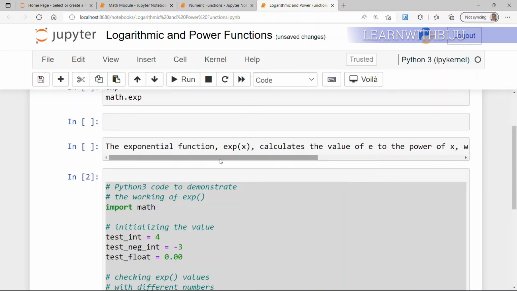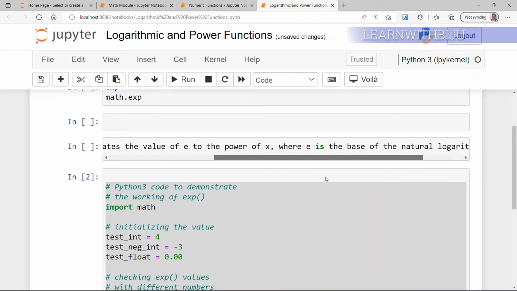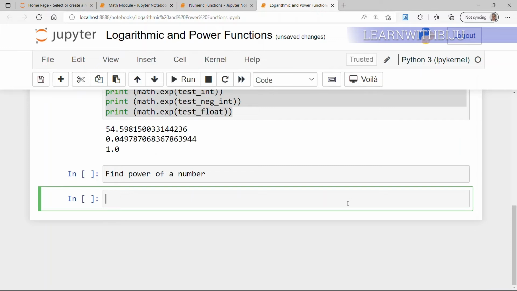So please remember, the exponential function exp of x calculates the value of e to the power of x, where e is the base of the natural logarithm, 2.71828188. The next math function we are going to see is power, POW.